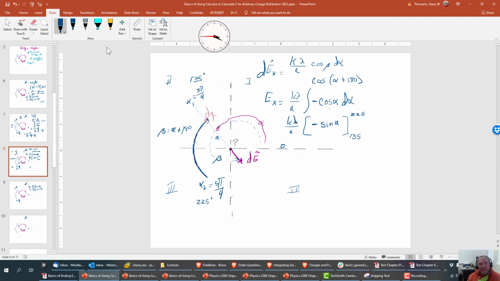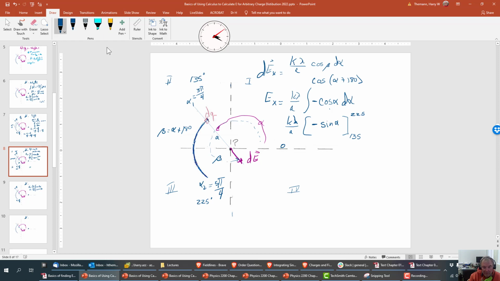So if I take the sine of 225, I do expect that to be a negative number. And it is.